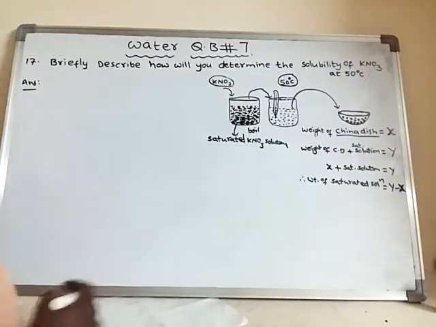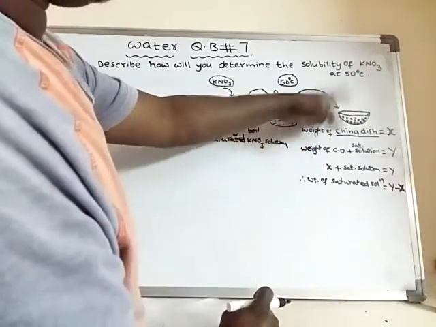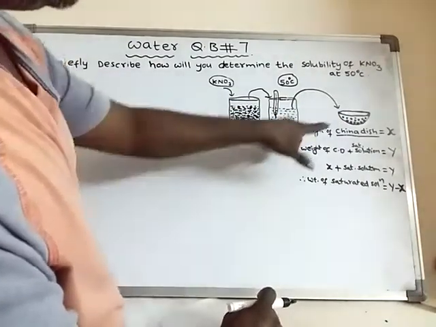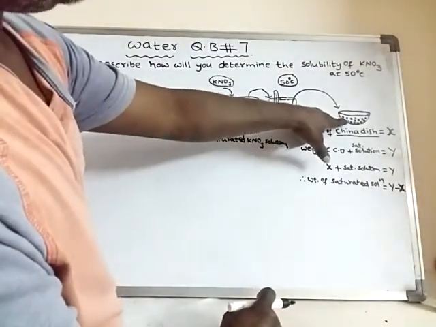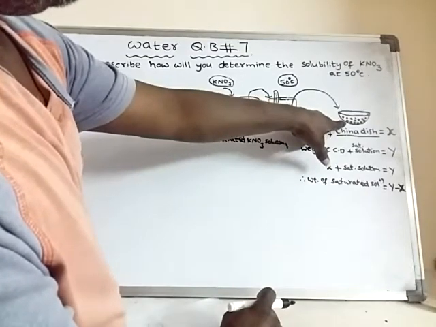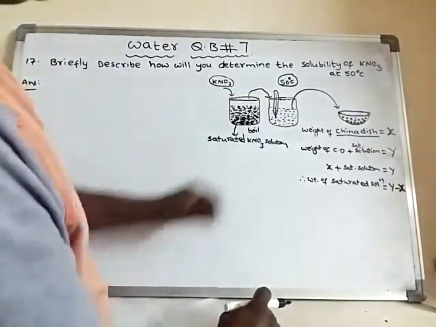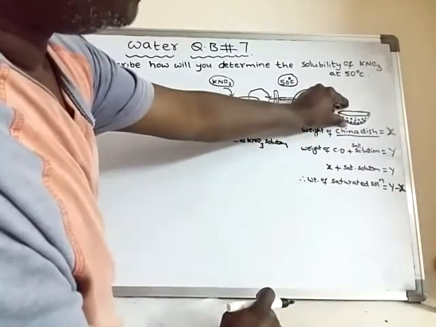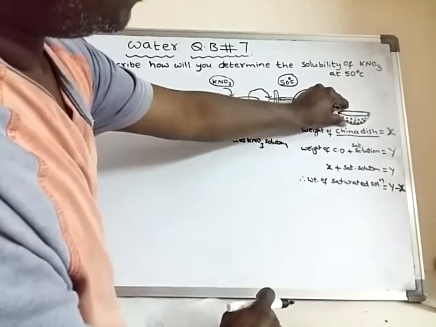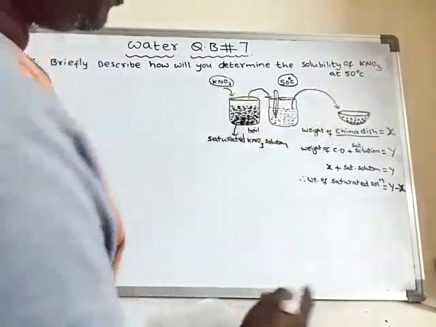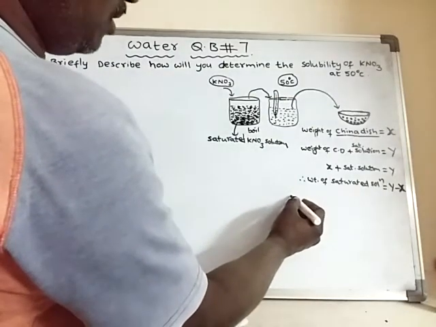Now, after evaporation of the solution and after getting the dry crystals of potassium nitrate, again weigh this china dish along with the crystals.